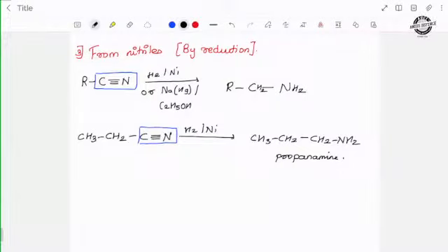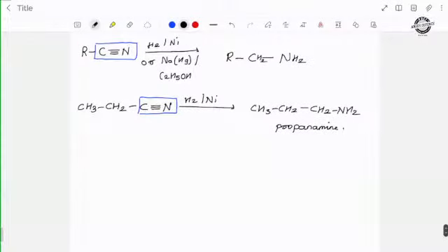Okay. What if, for example, I don't have nitrile, so I have to prepare nitrile in my lab. So how will I prepare it? For example, if I'm taking CH3Cl, I'll treat it with alcoholic KCN, potassium cyanide.